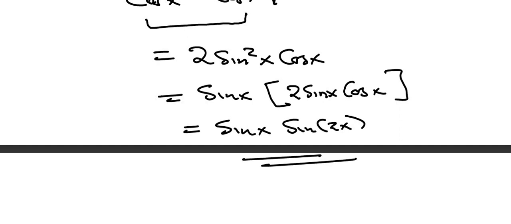So hence we've shown this happens to be our left hand side. So that's how we show that the right is equivalent to the left hand side. Then we've proven. So that's what you have on question 2b, that's the identity.